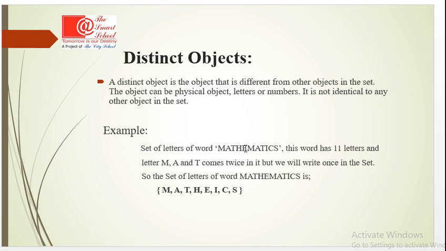M comes twice in mathematics, we have written it once. A comes twice in mathematics, but we have written it once. And the last one is T, which comes twice, but we have written it once. So now it is clear what distinct objects are: in the set of letters of mathematics, the letters which come twice, we have written once. So we can't write one element twice in a set.